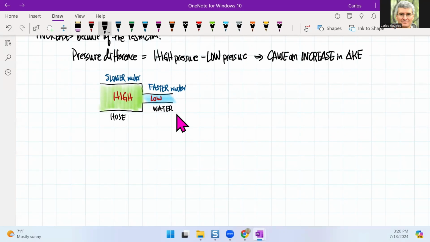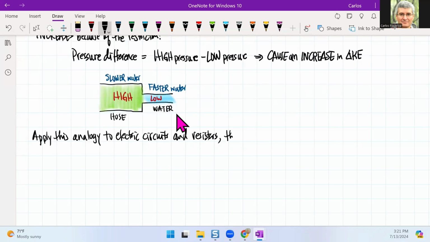Applying this analogy to electric circuits and resistors, the potential difference, in this case, it's potential, but we were just talking about in the language of pressure.